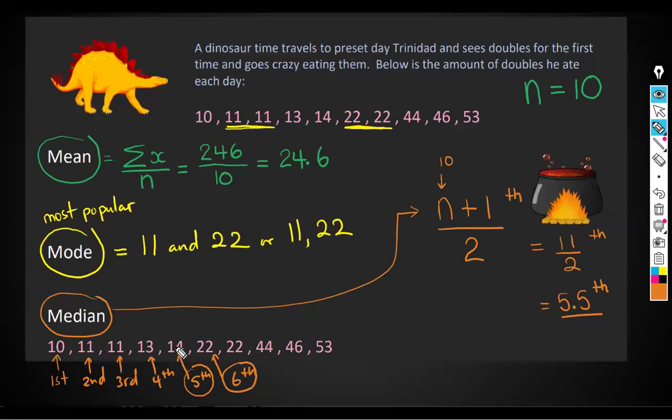So what you have to do, remember I showed you in great detail how to find a value in between two values. Who is living between fifth and sixth place? You add 14 and 22 and you divide it by 2. 14 plus 22 divided by 2 is 18. 18 is your median, right?